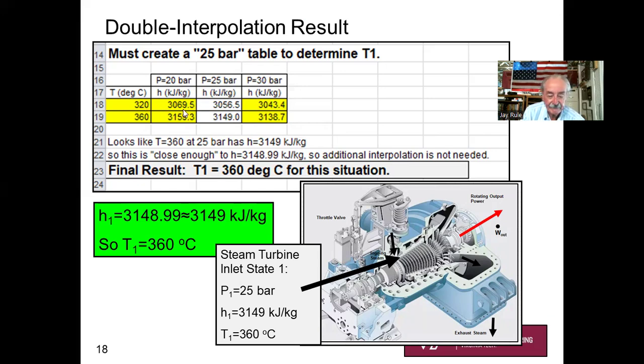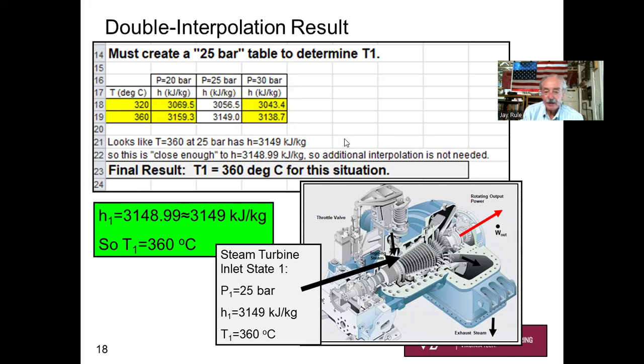At 320, I go halfway between these two numbers, and at 360, I go halfway between these two numbers. As I was working down the page, wait a minute, 3149, that sounds familiar. Let's see. I got H1 equals 3148.99. Man, for an engineer, that's pretty darn close to 3149.